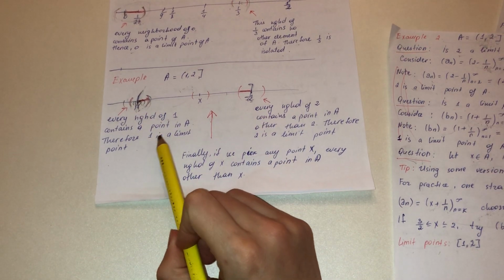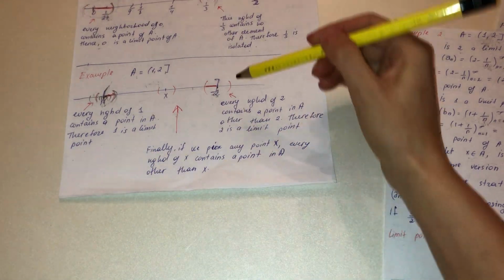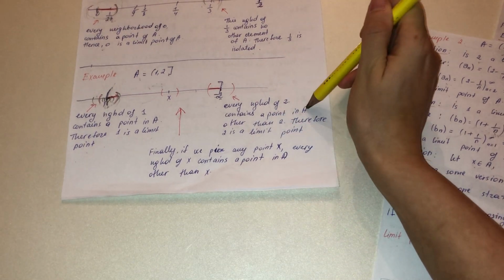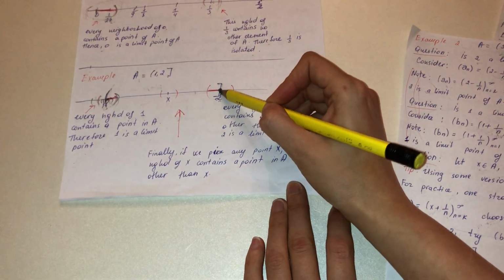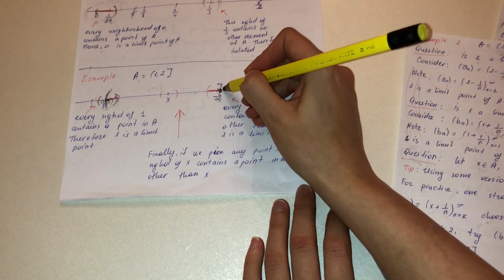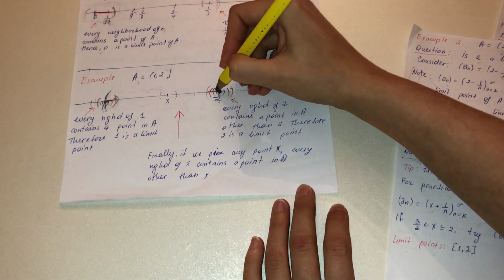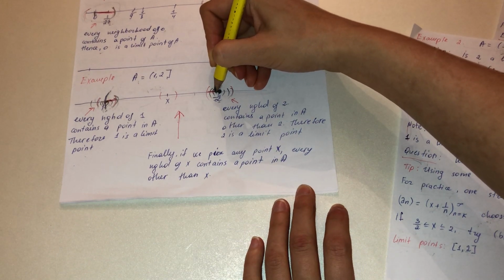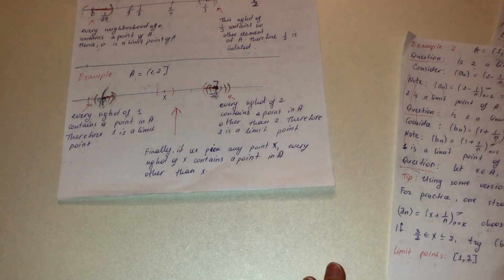So 1 is a limit point of A, and every neighborhood of 2 contains a point in A other than 2. As you see, 2 is inside of this set. But we can find any neighborhood of 2 that contains an element from A other than 2. So 2 is a limit point.